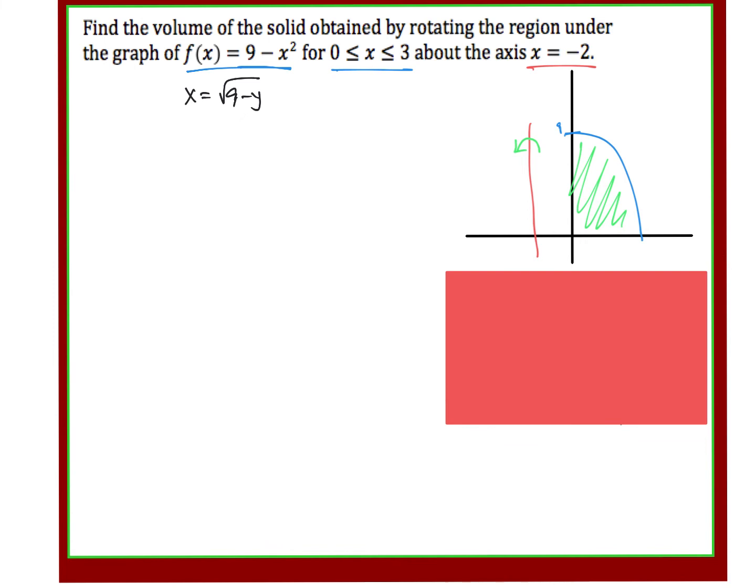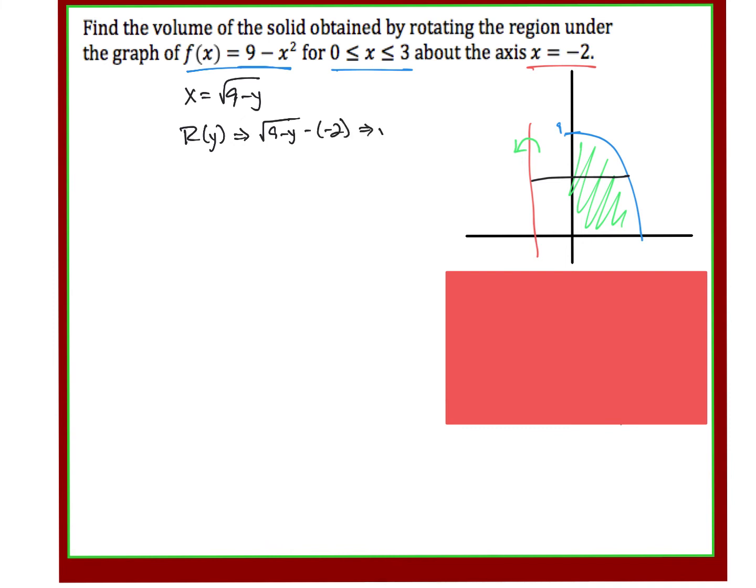So let's keep moving. What's my big R of y? Remember, it's always right minus left or top minus bottom. In this case, it's right minus left. So what's my big R of y? Square root 9 minus y, and then what? Minus -2.